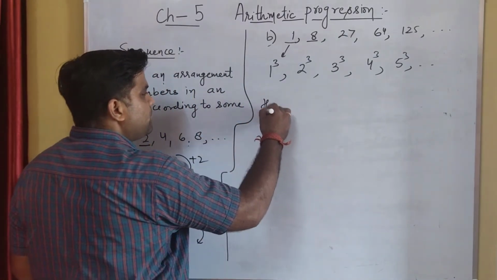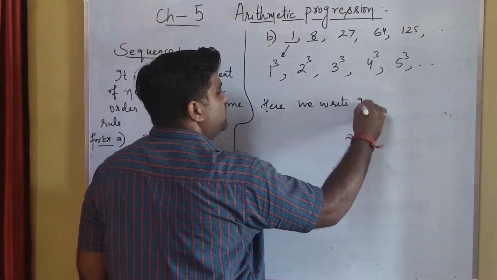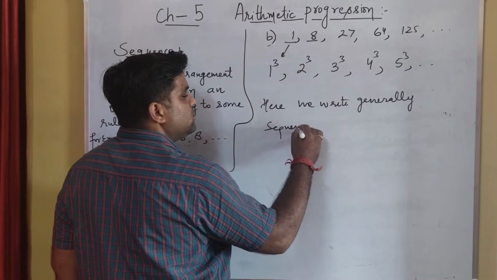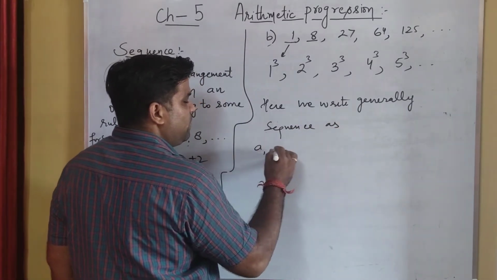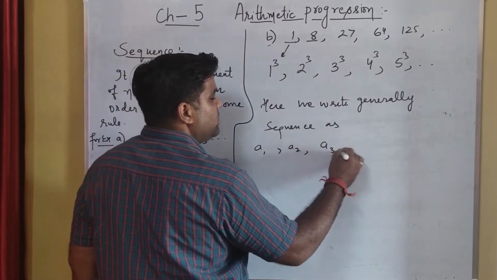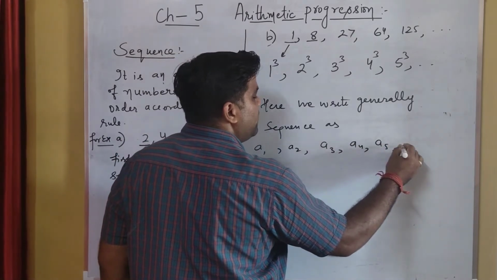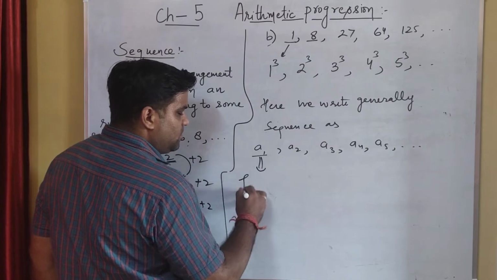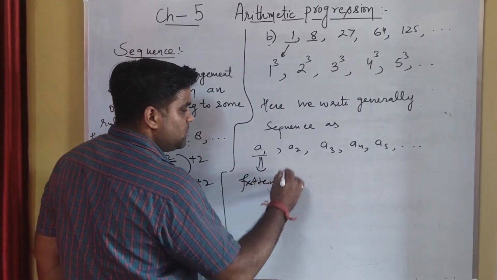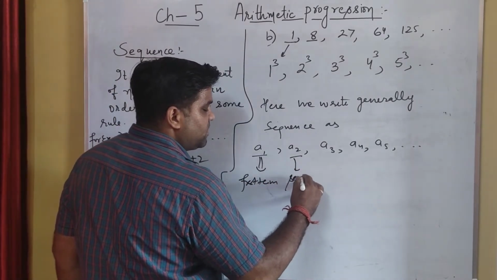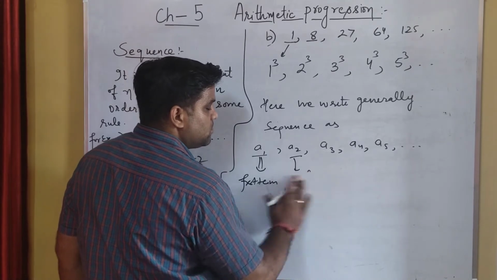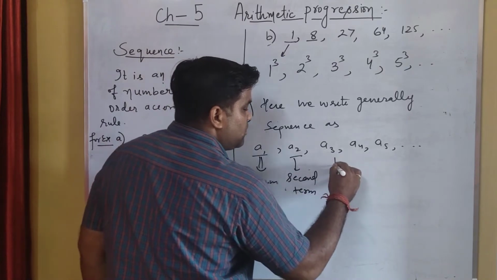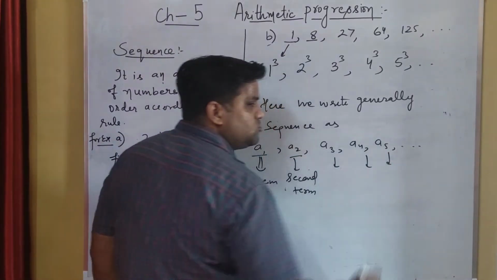Generally, a sequence is written as A1, A2, A3, A4, A5 and so on. Here A1 is the first term, A2 is the second term, then the third term, fourth term, fifth term and so on.